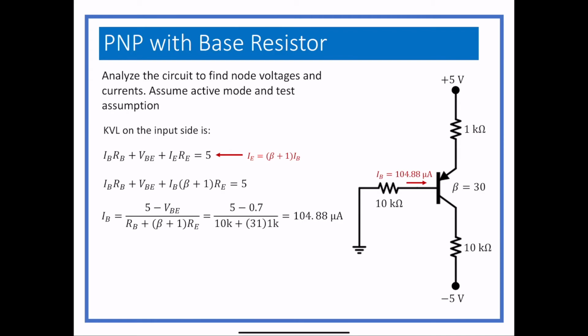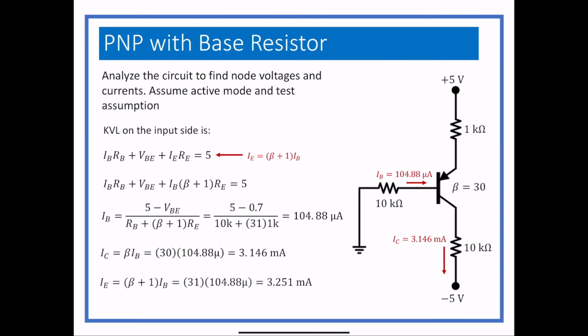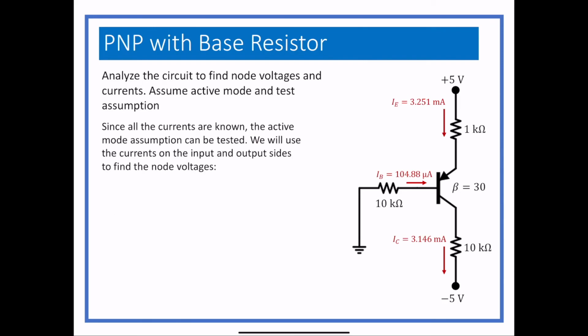Once we've done that, finding IC and IE is really easy because we're just going to multiply each one of them by beta or beta plus 1. So IC we get as 3.146 milliamps, and IE we get as 32.251 milliamps.